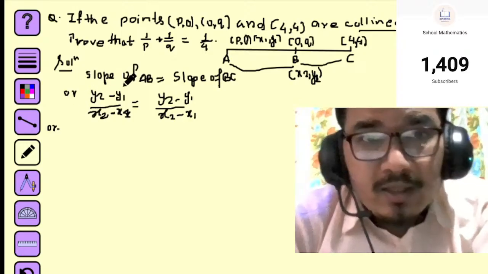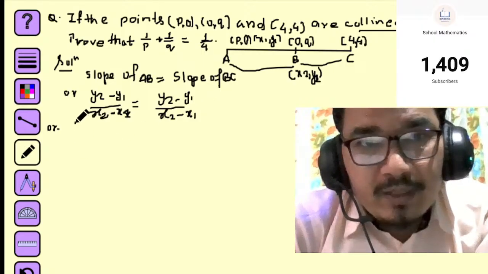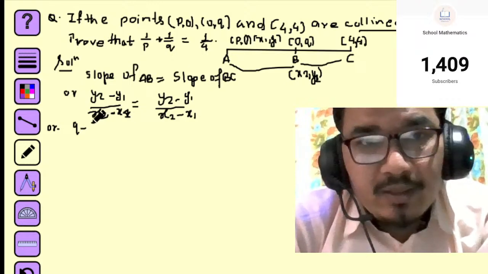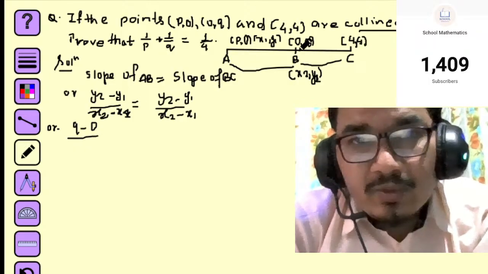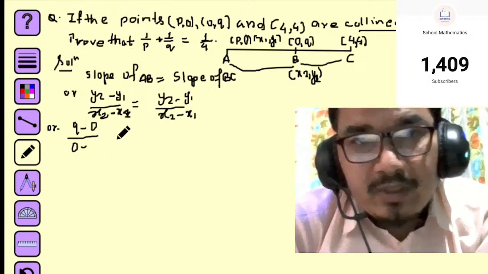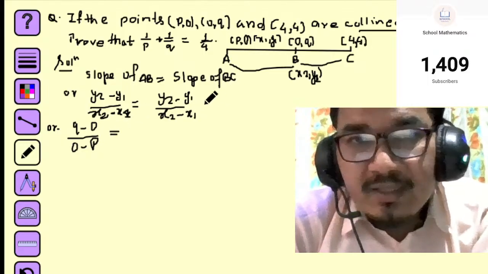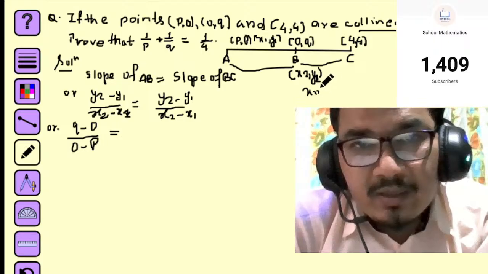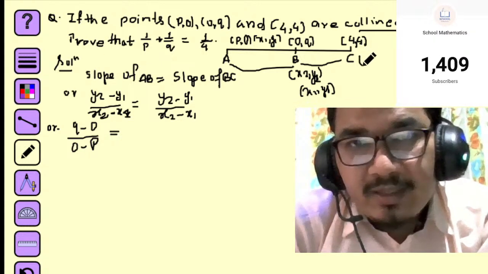Now look here, for y2 minus y1 for AB: y2 is Q and y1 is 0, and by x2, which is 0, minus x1, which is P, equals. Now this is for BC: the first coordinate is x1 y1 and C is x2 y2.